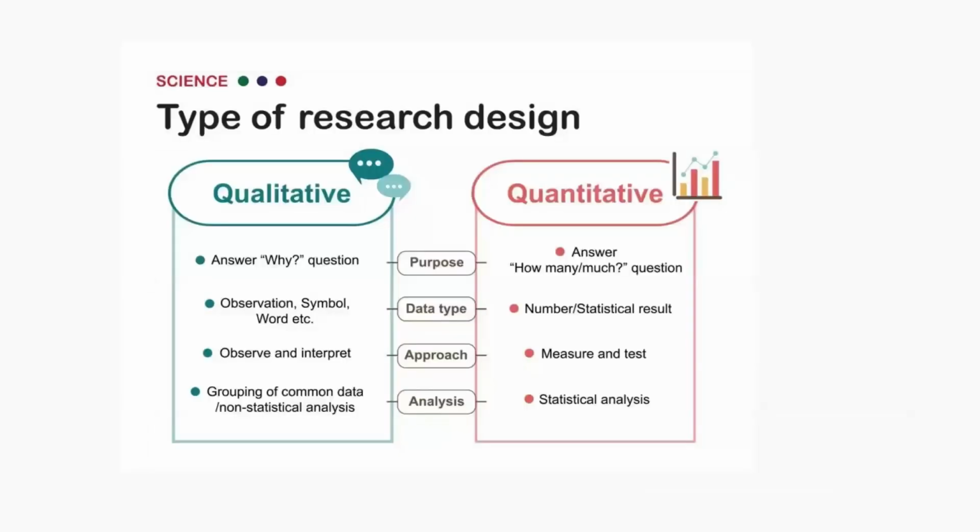When stating your objectives, you use action words depending on whether your research is qualitative or quantitative. Qualitative studies answer the why question. They observe and interpret, and they group common data without using statistical analysis. You are actually not allowed to do qualitative studies in this course, so we'll stick to quantitative studies. Quantitative studies answer how many or how much.